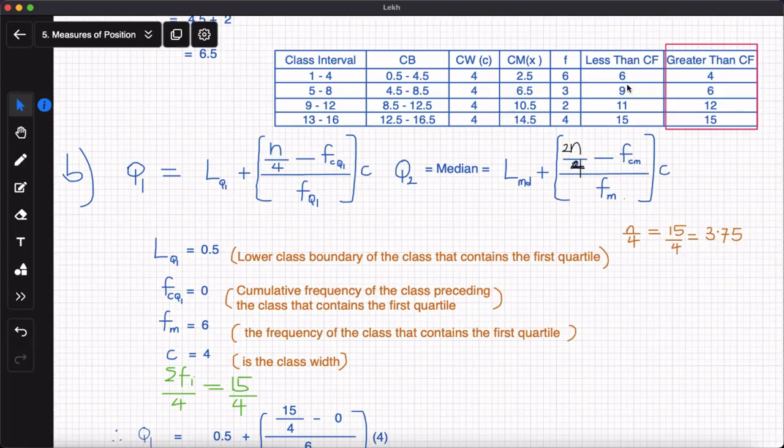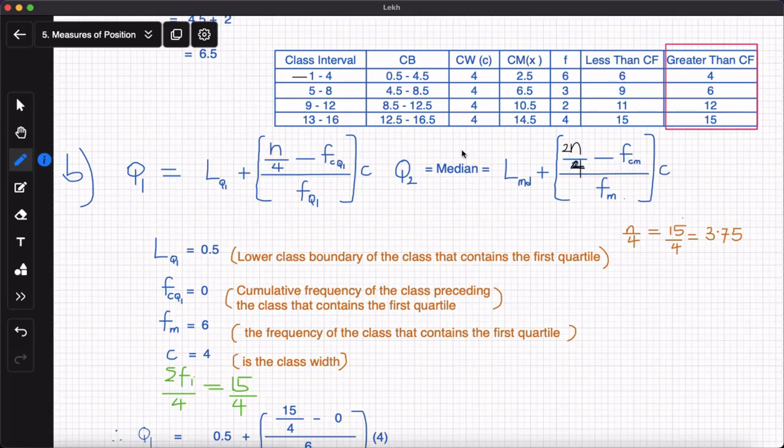Where do we have a cumulative frequency of at least 3.75 for the first time? That happens to be here. So our quartile class is also the class that contains the median. The quartile class is this one.